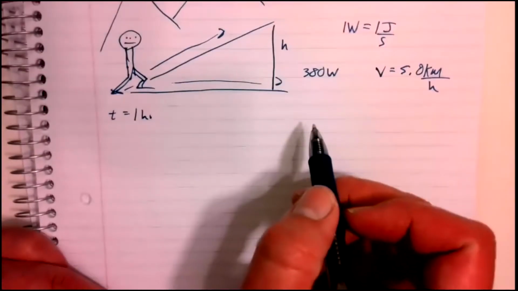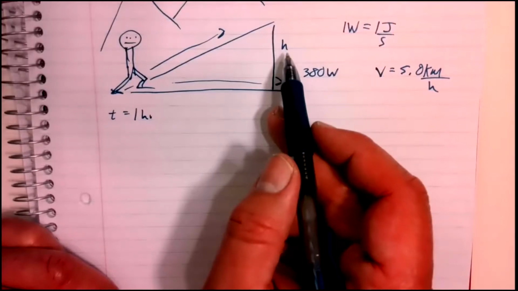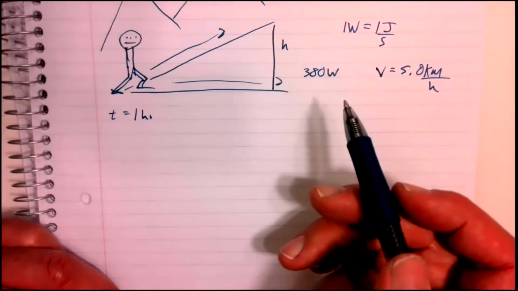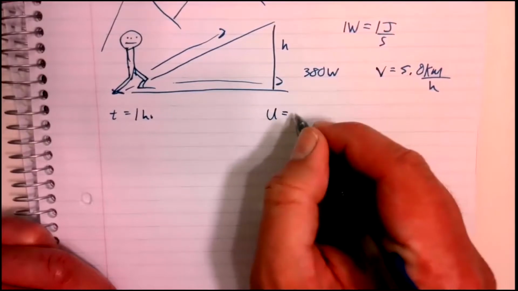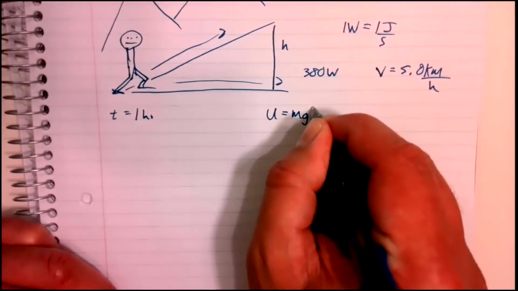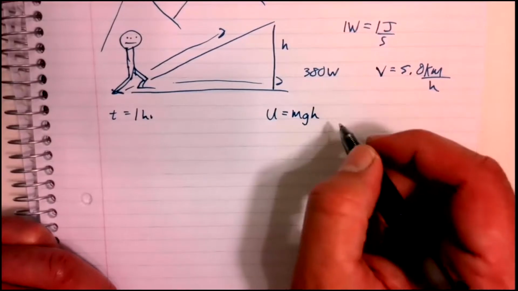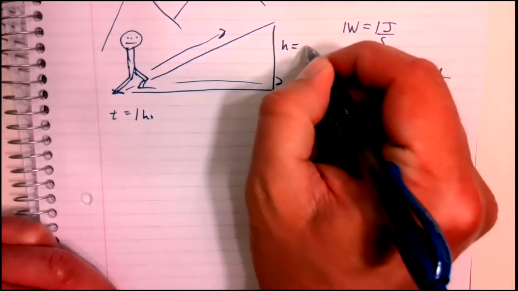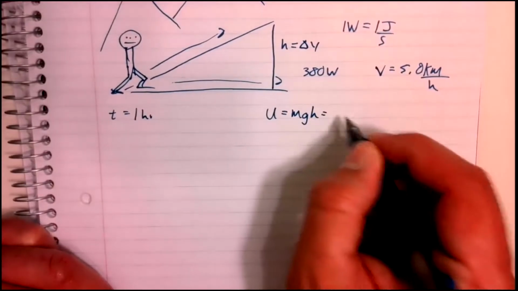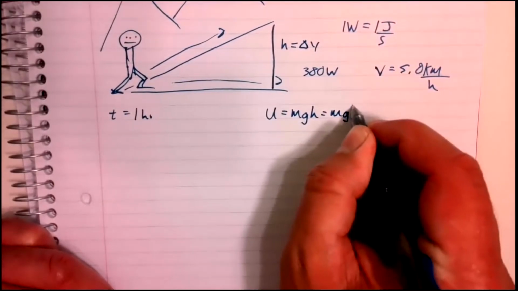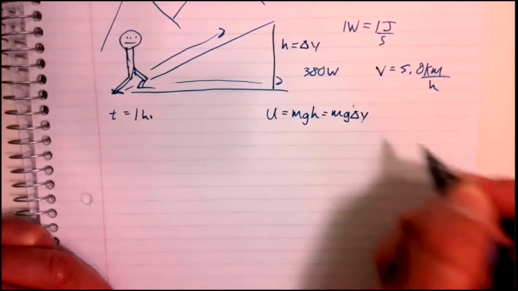All right, let's talk about the energy that they need to go up this hill. That energy is given by U equals mg times h. Or we'll say this is delta y. Okay, so we'll rewrite this as mg times delta y.